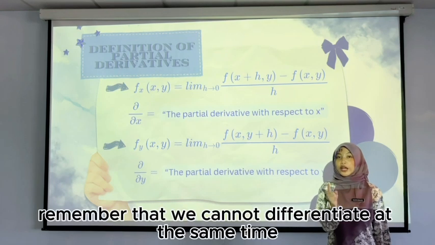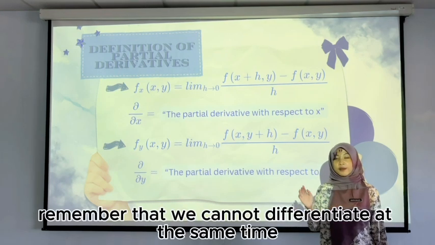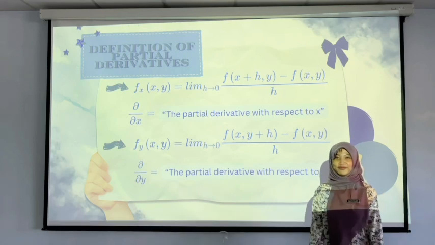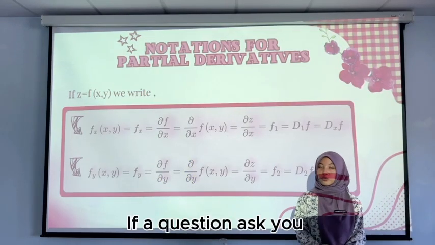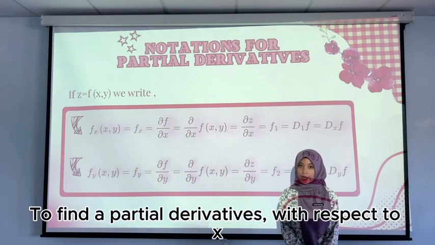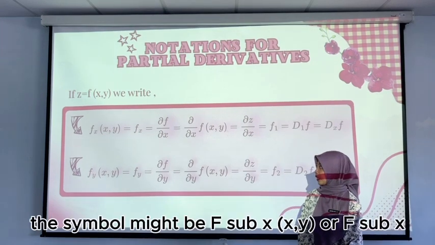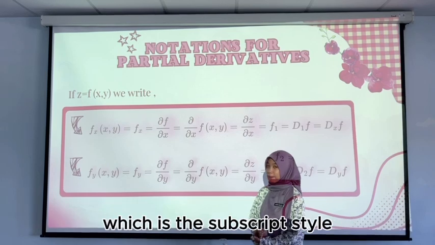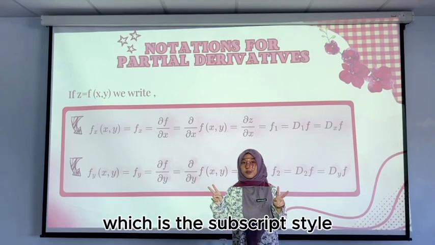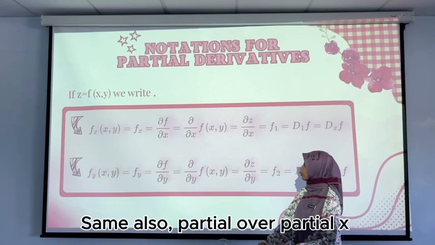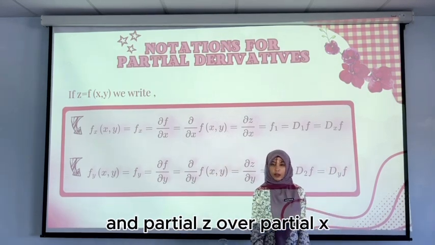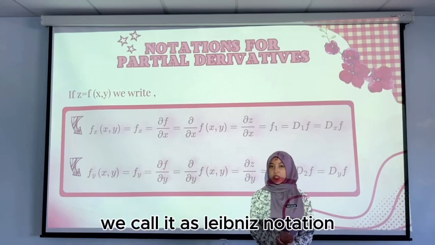Remember that we cannot differentiate both at the same time, and we must differentiate one by one. If a question asks you to find the partial derivative with respect to x, the symbol might be f sub x of (x, y) or f sub x, which is the subscript style. Same also, partial f over partial x, which we call the Leibniz notation.